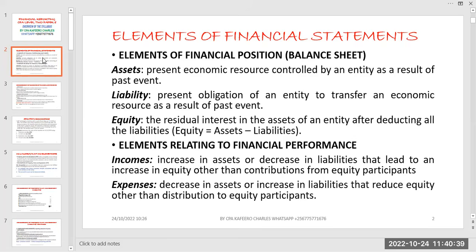We have to distinguish between elements and the components. Elements, we are not talking about the components. The components of financial statements are the income statement, or what we call the profit or loss and other comprehensive income, the balance sheet, or the statement of financial position, and the cash flow statements.